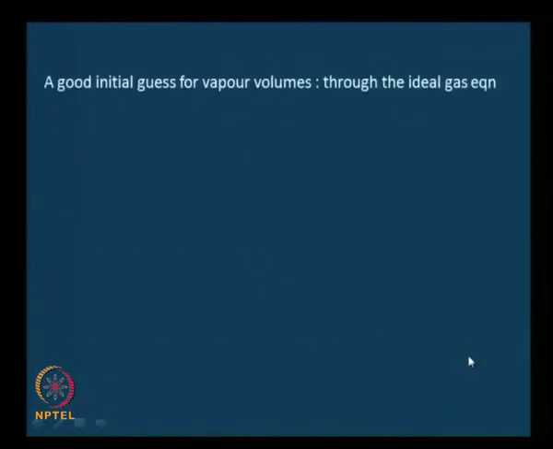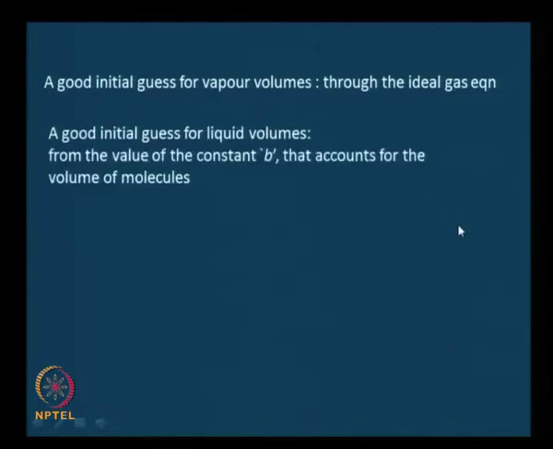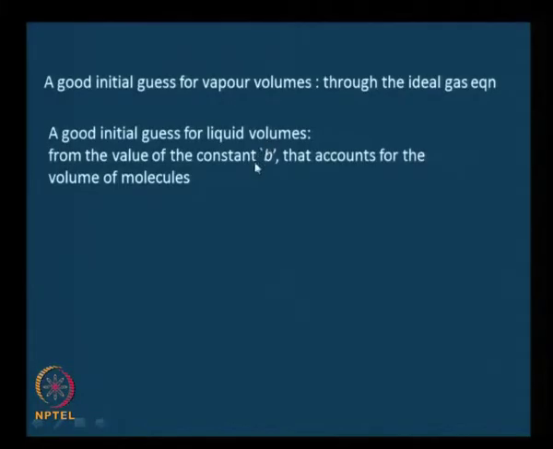We said that a good initial guess for vapor volumes is through the ideal gas equation. A good initial guess for the liquid volumes is from the constant B, because remember that V minus B term either in the van der Waals equation or in the Redlich-Kwong equation of state. Therefore, that gives you an idea that B represents the volume that is occupied by the molecules.